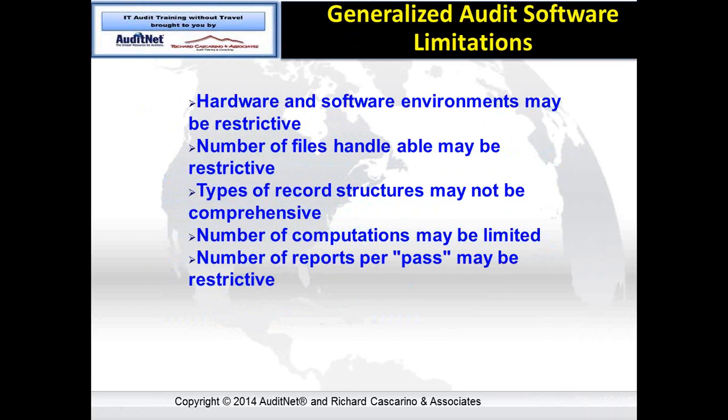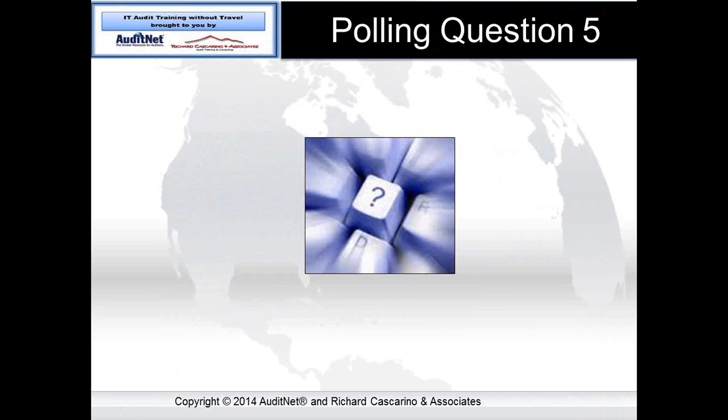So I'd rather pass the disk once and do 20 different things on one pass rather than have to do it 20 times. Again, the modern generalized audit software, very efficient, and most of those limitations you can bypass, but you need to check that you can. And that brings us to polling question number 5.